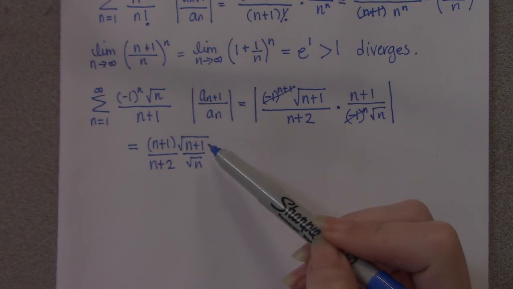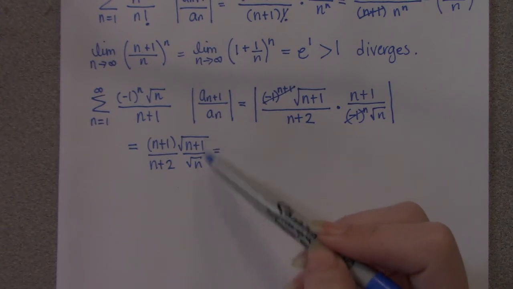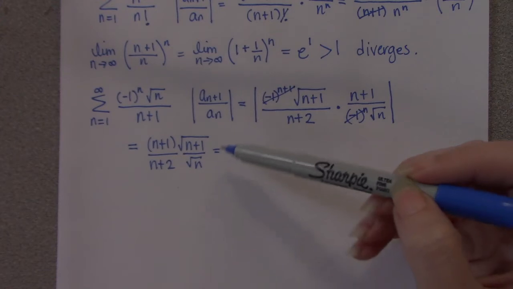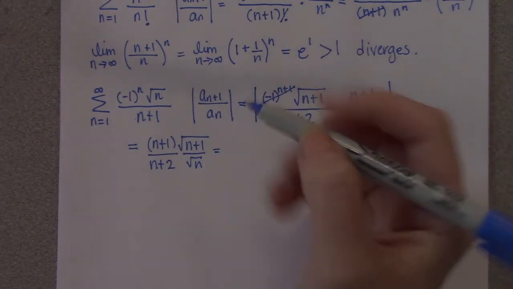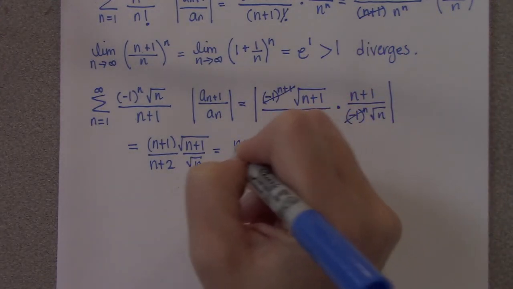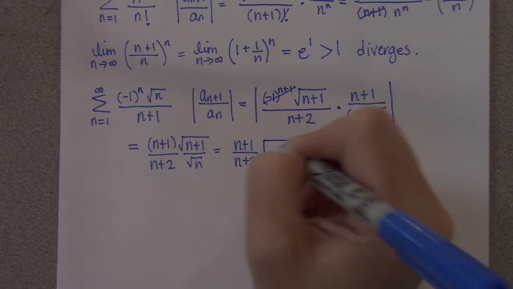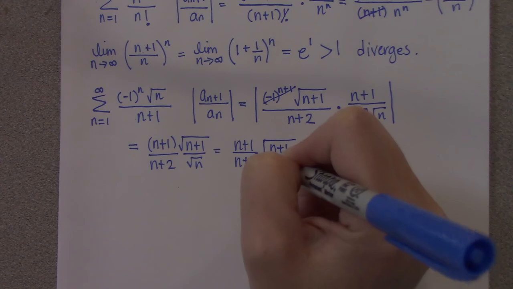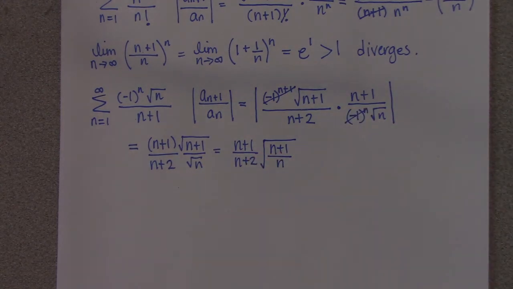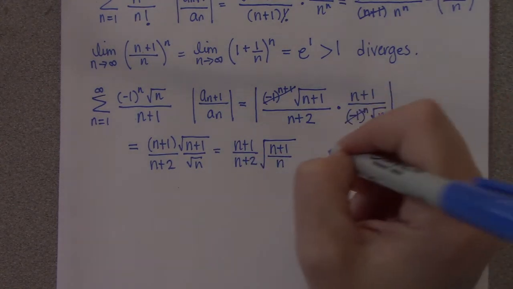Since the square root is just the power 1/2, these are both raised to the same power, so I can actually combine them into one fraction. So what I really have is n plus 1 over n plus 2 times the square root of n plus 1 over n. And that's what I want to take the limit of.